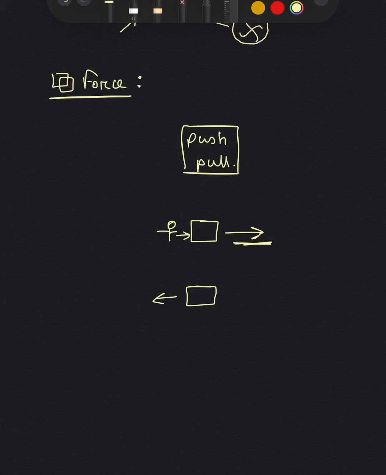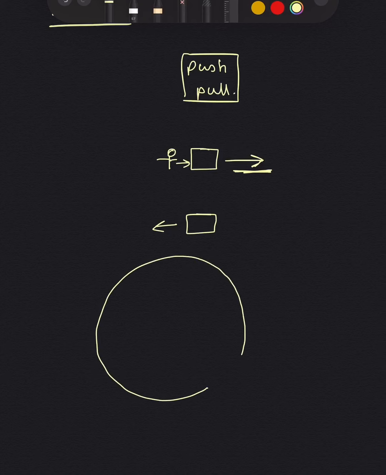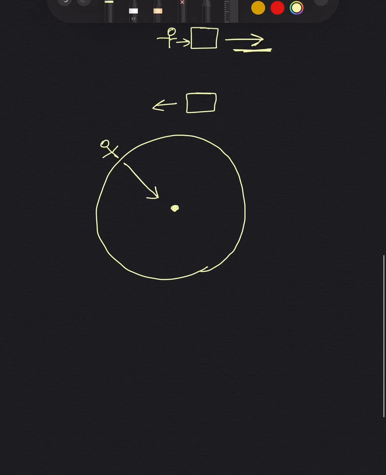That means force has a direction. Now in case of gravitational force, we know the gravitational force acts towards the center of a body. So if you are standing on earth, then your attraction is towards the center. This is called gravitational force, and gravitational force also has a direction. So force is a vector quantity.